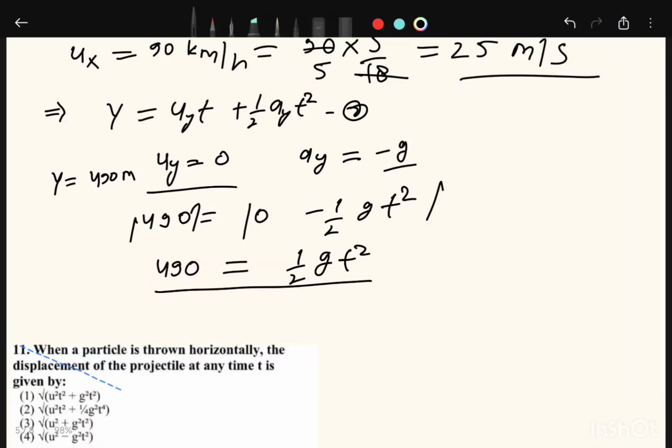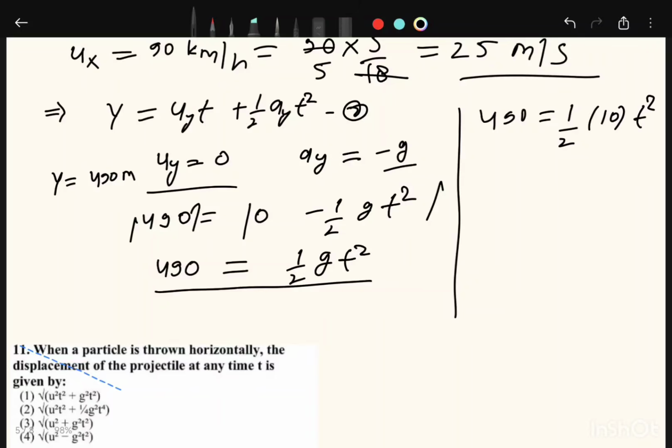So if you put the g value equal to 10, 490 equals 1 by 2 times 10 times t square.